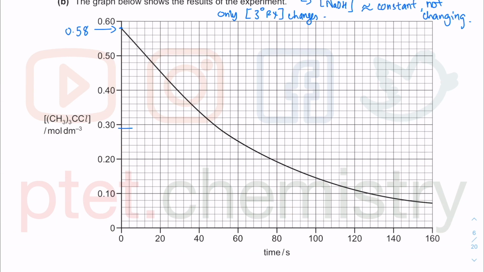So 0.29 is going to be there, and there are my construction lines. Then I use my ruler and go downward like that. My ruler is not perfect, but it should come exactly in between 40 and 60. So that is 50, from 0 to 50.